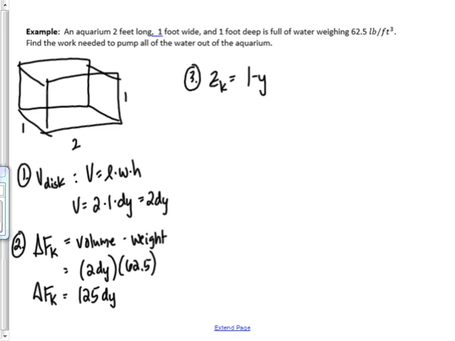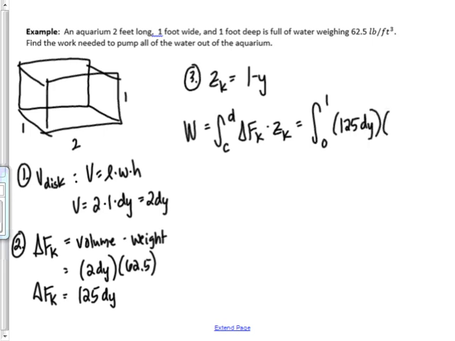Now the work is equal to the integral from c to d of delta F sub k times z sub k. Let's plug in. I'm again pumping all the water out, so I'm going from 0 to 1, of 125 dy times 1 minus y.